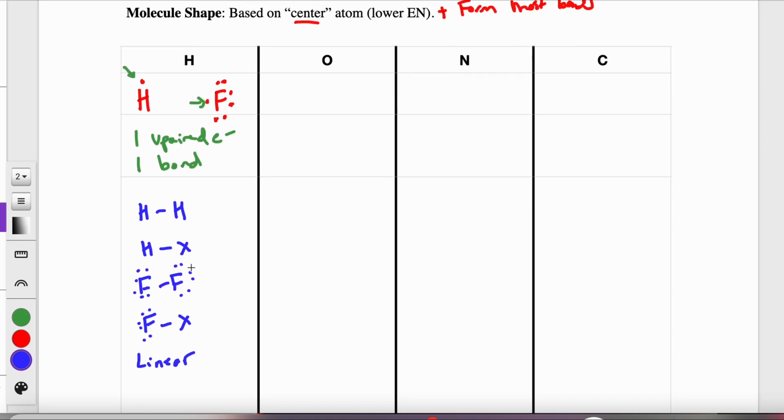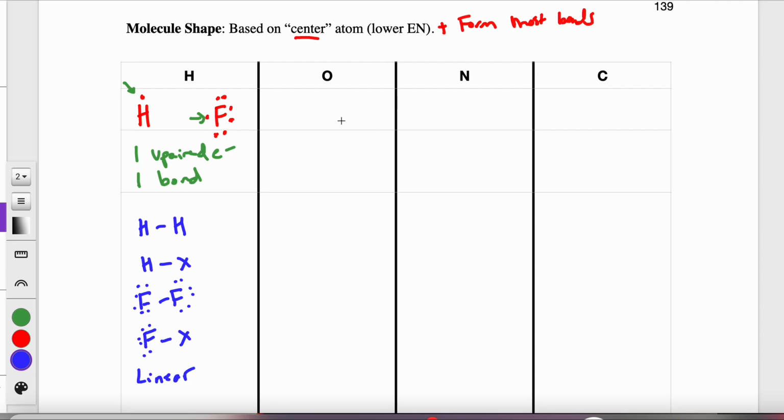Okay? So now, oxygen. Oxygen hails from group 16. And all the members of group 16, like oxygen, they have 6 valence electrons. So when we draw the dot diagram, electron 1, 2, 3, 4, 5, 6.